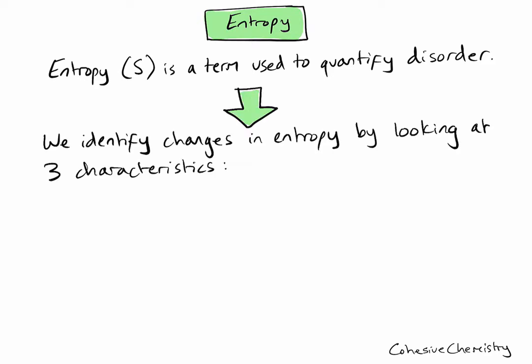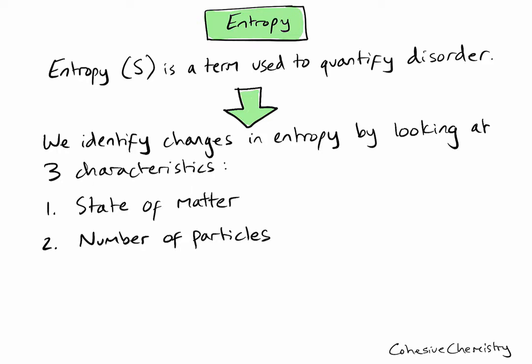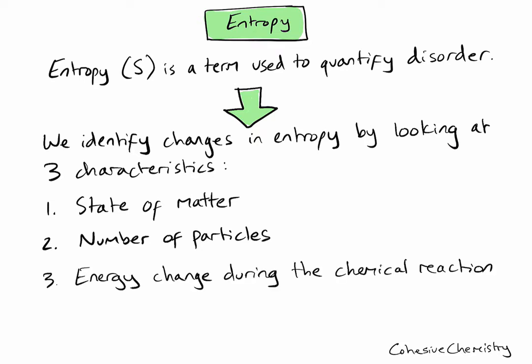The first one is the state of matter of my reactants or products. The second one is the number of particles in my reactants or products. And the third one is the energy change during the chemical reaction. And this is the basic knowledge required to understand entropy in chemistry.